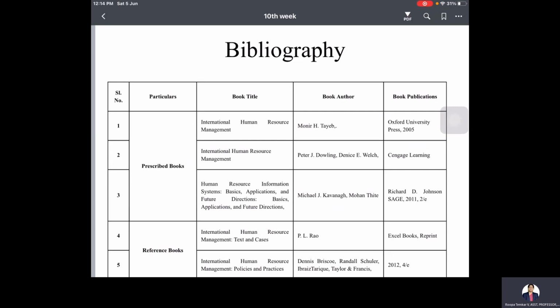And once it is designed based on the factors required, the system needs to be implemented and later evaluated. So this is a very important concept in IHRM, that is, the use of the HRIS in the different practices of IHRM.